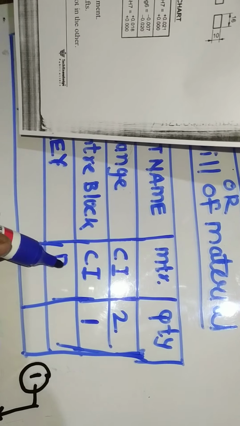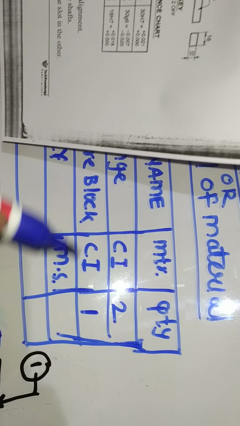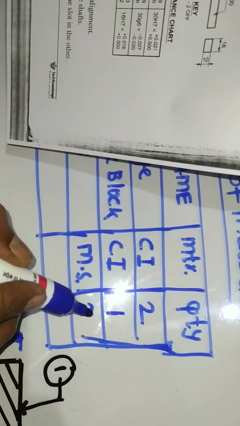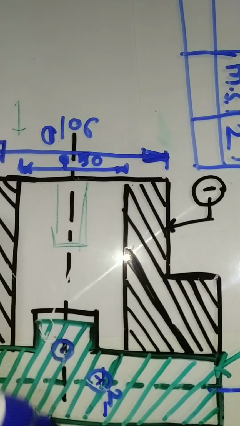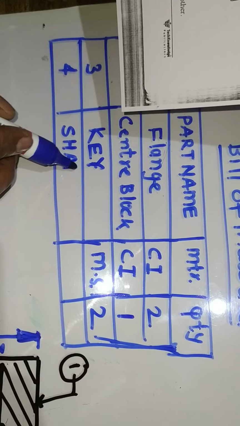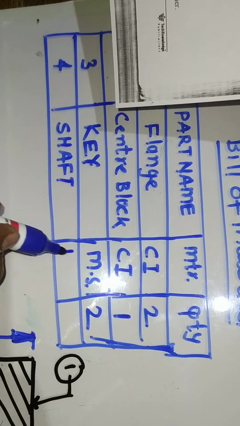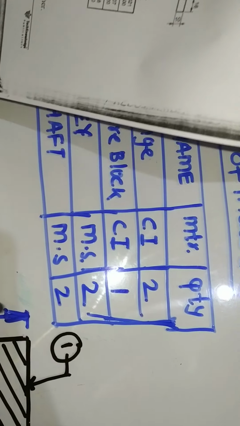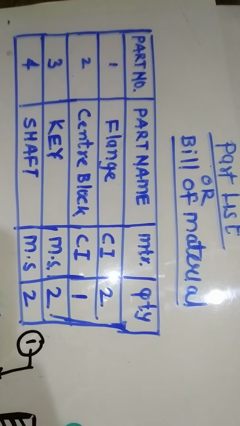It is made up of mild steel. How many quantities are there? 2. Here shaft 1 and shaft 2, 2 quantities. Fourth one is shaft. It is also made up of MS. 2 quantities. We score here 2 marks.